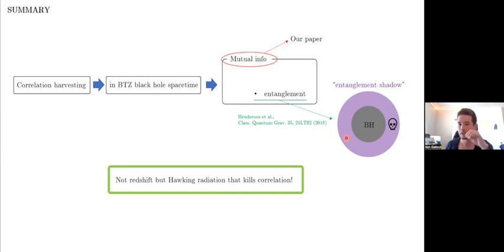Yeah. So in the BTZ black hole case, you can actually decompose it into the AdS-Rindler part, which is the acceleration part, and the pure BTZ part.